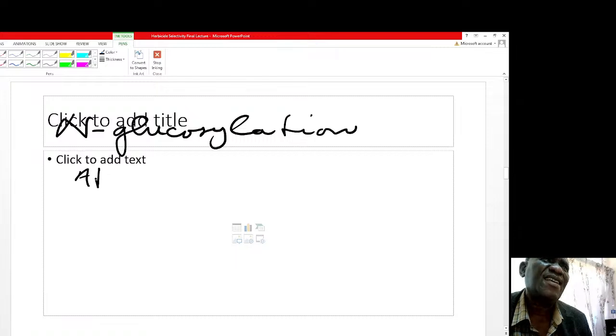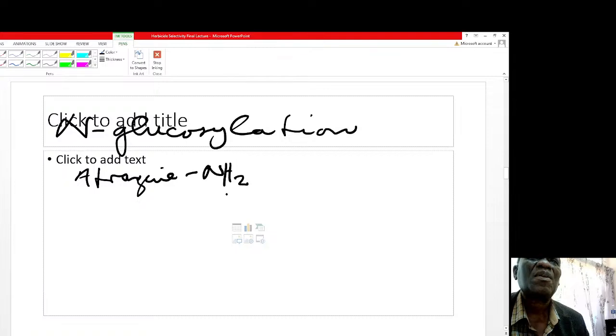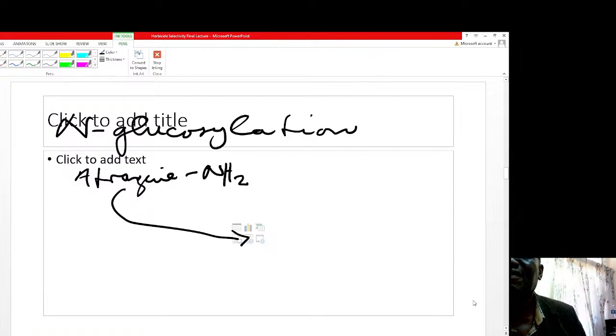So atrazine with an NH2, we can have this.